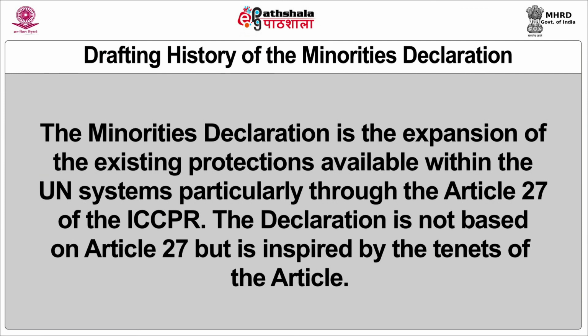The Minorities Declaration is the expansion of the existing protections available within the UN system, particularly through Article 27 of the ICCPR. The declaration is not based on Article 27 but is inspired by the tenets of the article. Thus, the limitations of Article 27 do not apply to the declaration. The declaration does not provide any definition of minorities, like Article 27 of the ICCPR and other instruments.